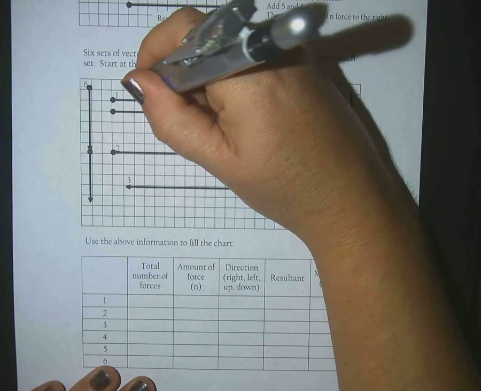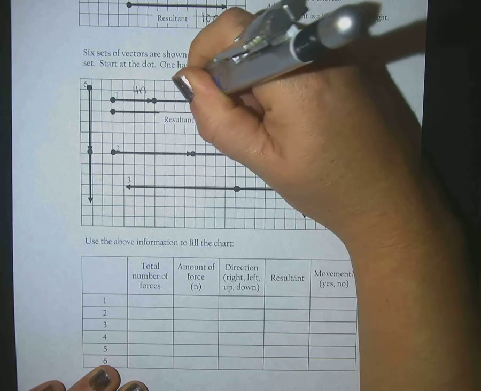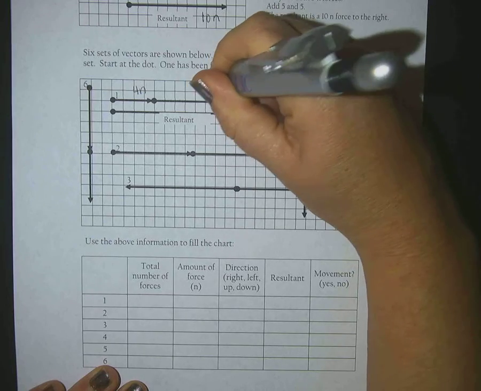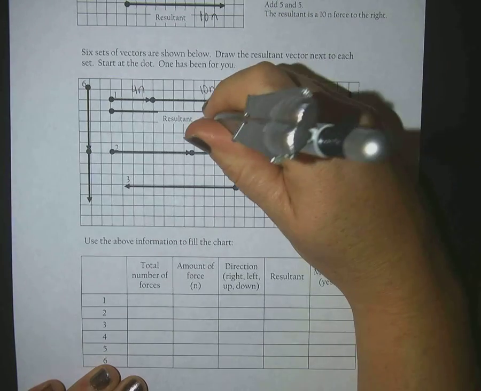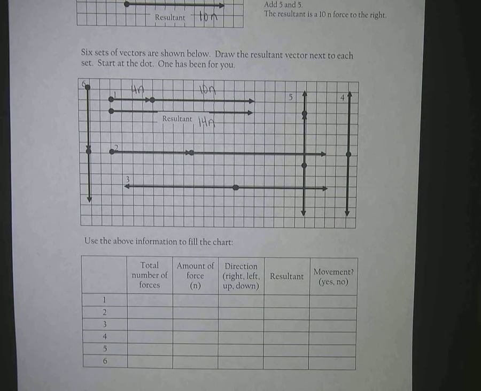The first one was done for us. This is 1, 2, 3, 4 newtons to the right, plus 1, 2, 3, 4, 5, 6, 7, 8, 9, 10 more newtons. So what's the result? 14 newtons. Number 2. Okay, so now you notice that the resultant hasn't been done for us, so we're going to have to do that.